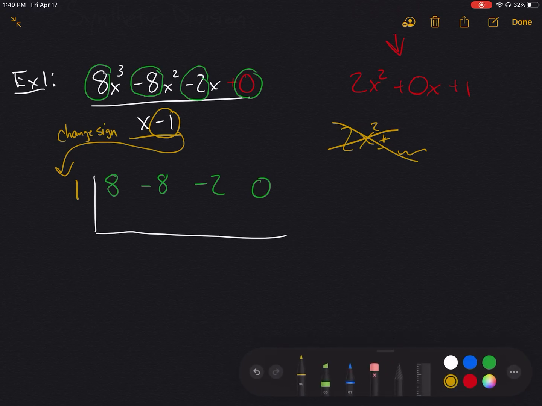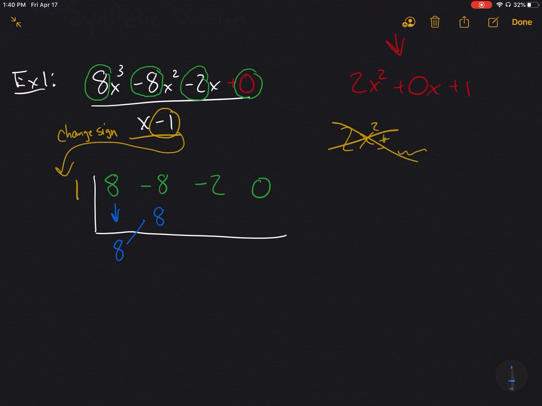So step 1, I bring down this first value. So I just bring down the 8. Now I take the 1 times the 8. So the 8 that I brought down, 1 times 8 is 8, and that goes up there. And then I add down. So negative 8 plus 8 is 0.